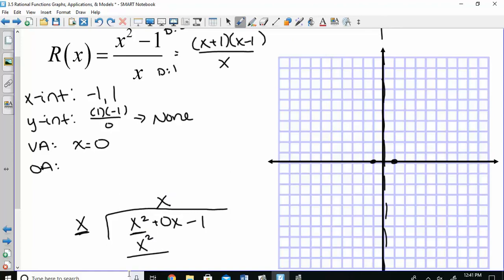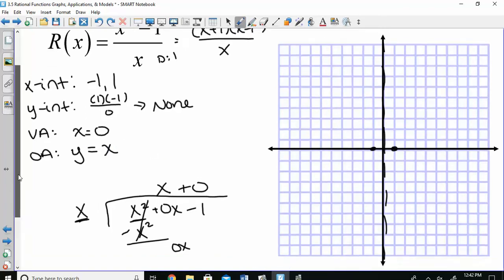Then you multiply. X times x is x squared. Subtract and those cancel. My next term is 0x. What's 0x divided by x? Just zeros. Do you even have to include the plus 0? No. So our oblique asymptote is just y equals x.